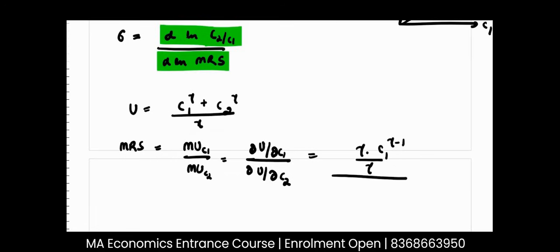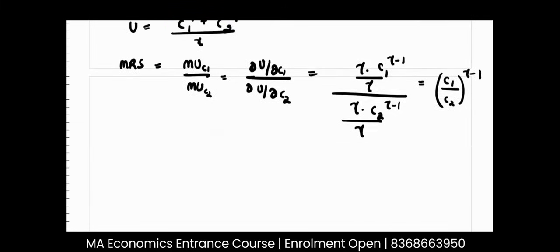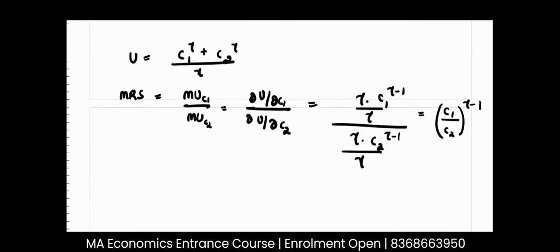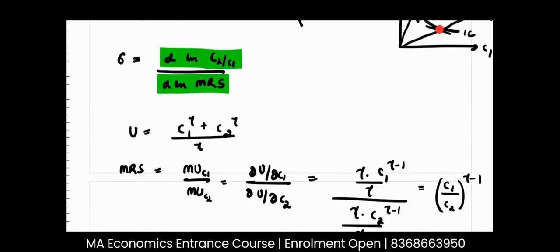And if I differentiate with respect to C2, I will get gamma C2 to the power gamma minus 1 upon gamma. So this will be C1 upon C2 to the power gamma minus 1. This is my MRS.